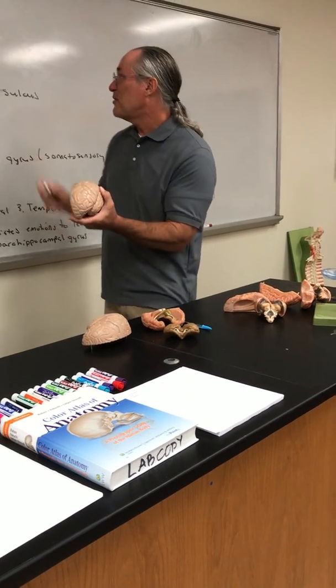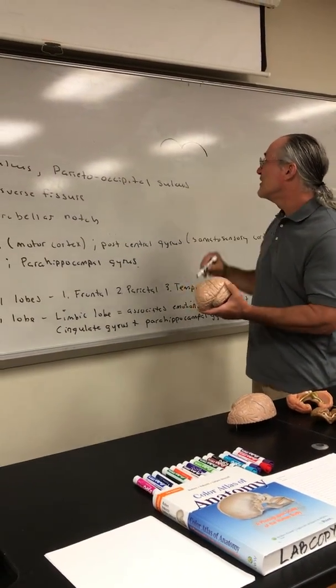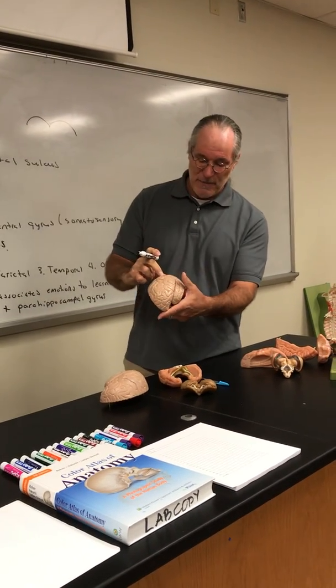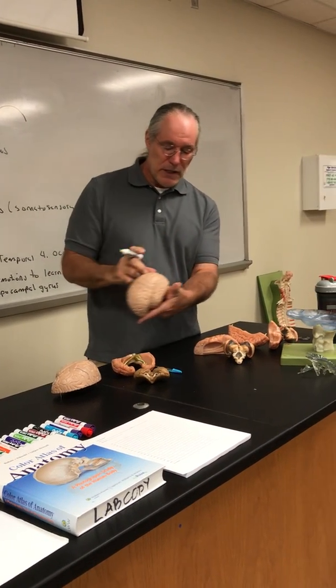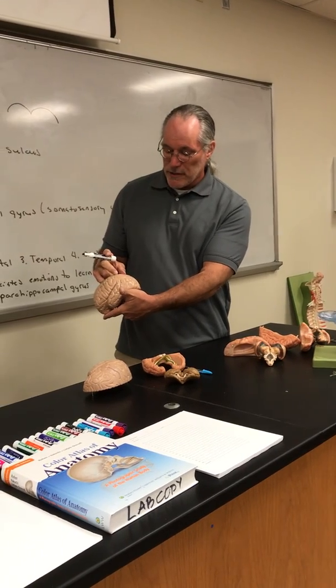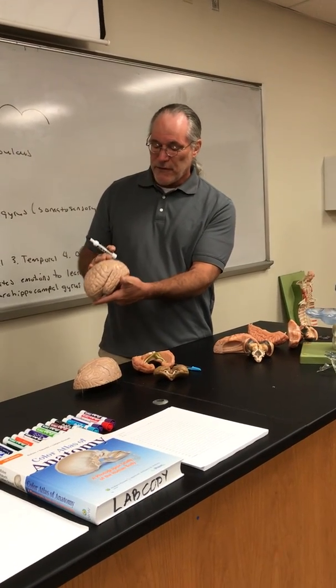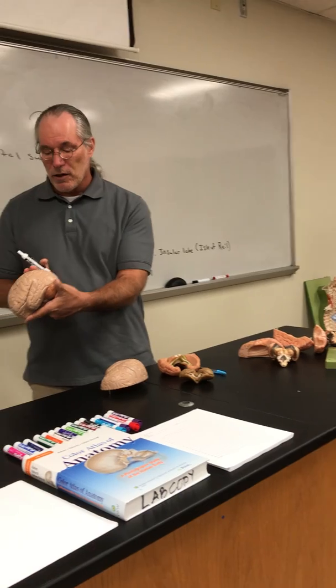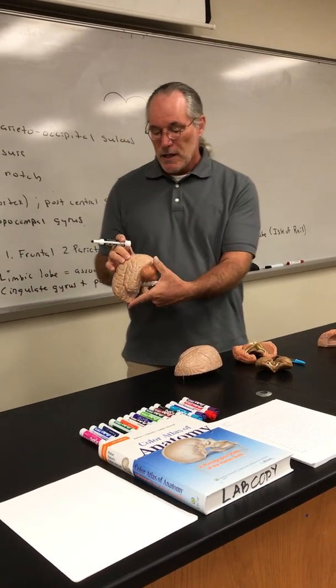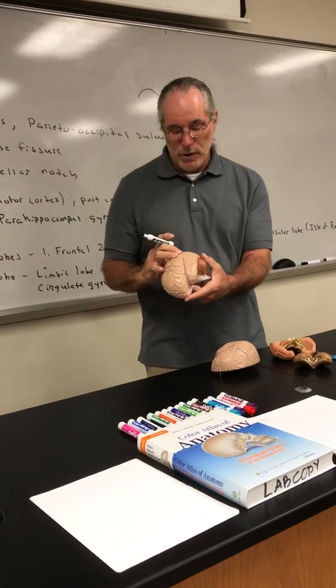When they make a bird in a picture, they go like this. So it kind of looks like that. That's the intraparietal sulcus. Above there we have the superior parietal lobule, and below that we have the inferior parietal lobule.